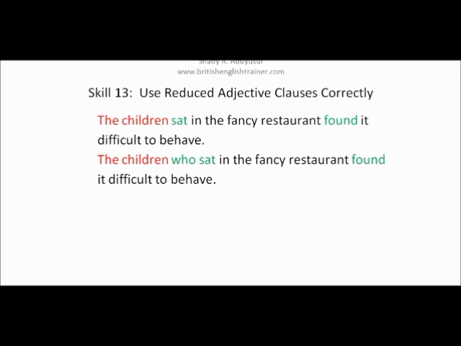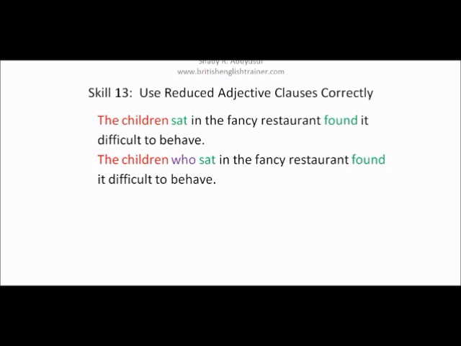Oh my God, that's fantastic. The children who sat in the fancy restaurant found it difficult to behave. Now it is correct. Why correct? Because we added a connector. We added this connector. Very important. So this connector made the sentence correct.